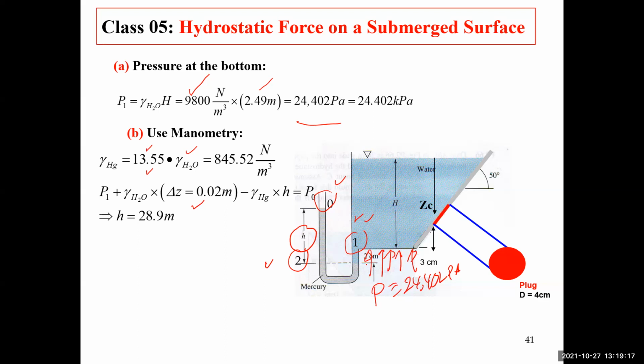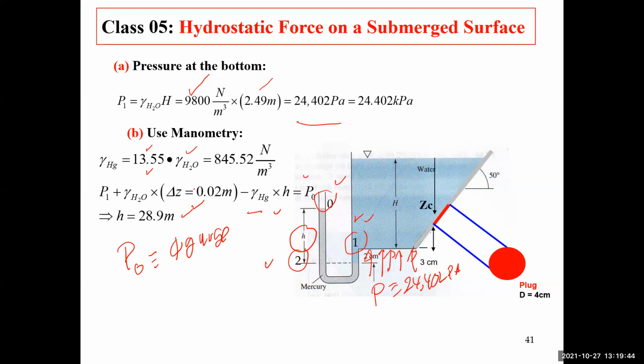And then from 2 to 0, minus gamma of mercury times H is equal to P0. I know that P0 is equal to 0 gauge pressure. So this allows me to find the value of H, which is equal to 28.9 meters.